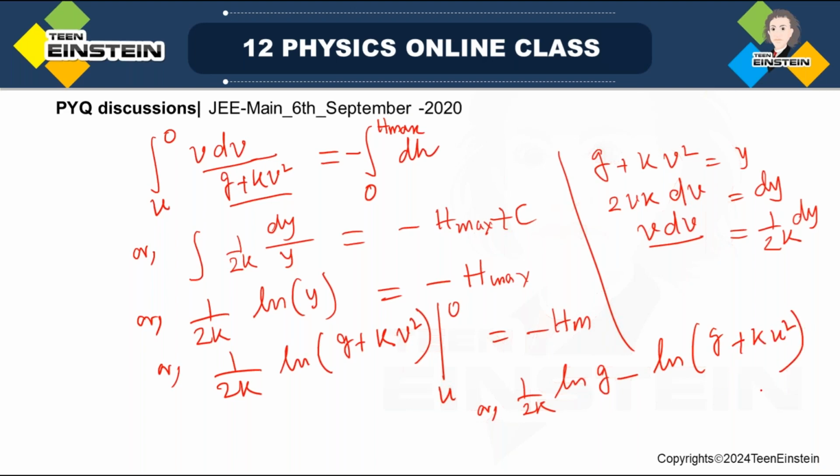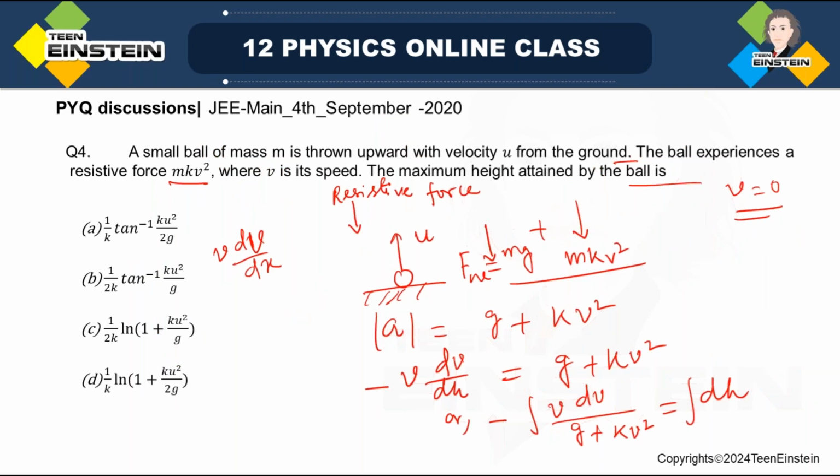This is equal to minus h max. If we rearrange this, 1 by 2k is common. I want to make h positive. So I have done the integration part. Let me write what I have got, and then I'll compare with the options here.